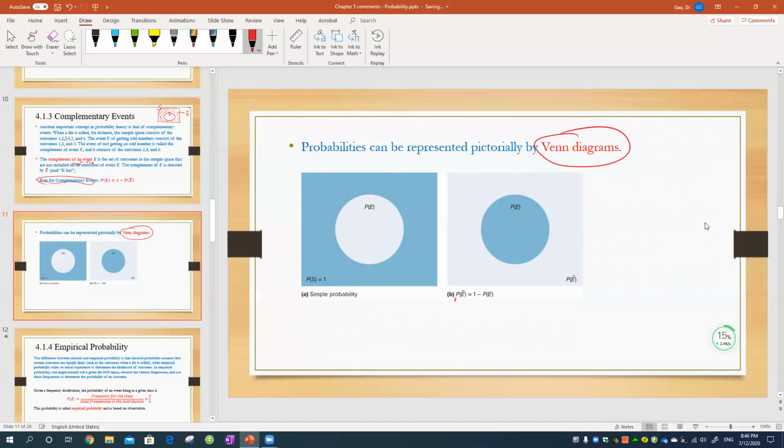And then again, probability of E bar equals 1 minus probability of E. So probability of E equals 1 minus probability of E bar. They're the same thing. You just switch the terms to the left or to the right of the equal sign. Okay, that's part 3. Let's stop here and we'll continue in the other video lecture.